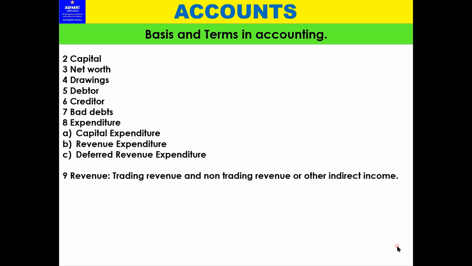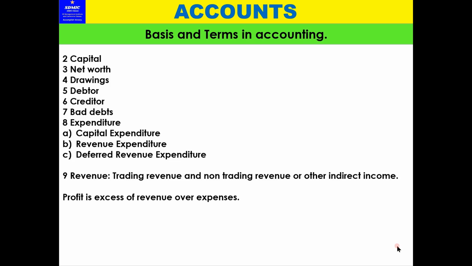Whatever revenue arises out of the trading activity is called trading revenue, and non-trading revenue is, for example, the company must have invested into some investment or some fixed deposit for future purposes, and that interest received or any other things received apart from that, for any interest, dividend or discount, are non-trading revenues. It cannot be involved in trading. And other indirect income, any other indirect income.